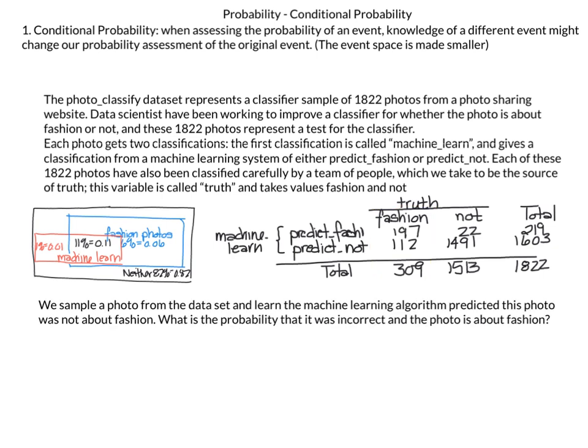Our next question: we sample a photo from the data set and learn the machine learning algorithm predicted this photo was not about fashion. What is the probability that it was incorrect and the photo is about fashion? Now we are looking at the data with this additional information. The machine learning predicted it's not about fashion, so we're looking at this part of our data count.